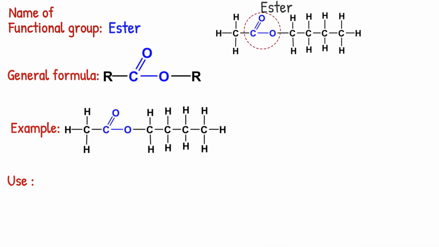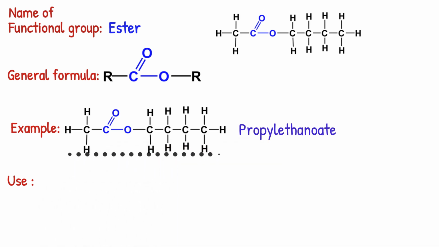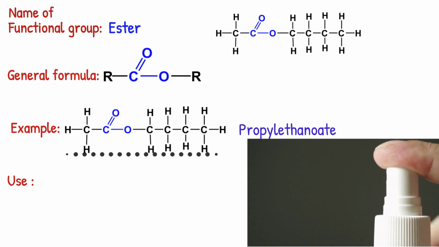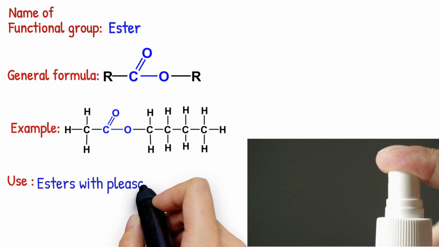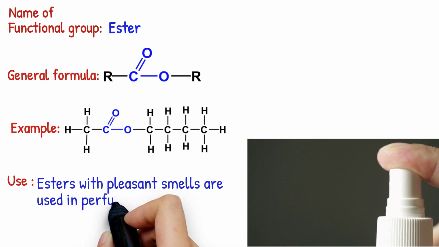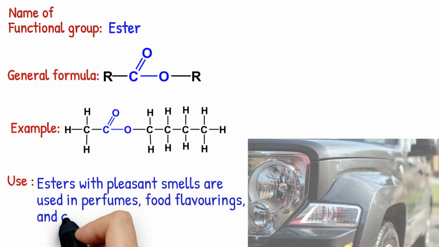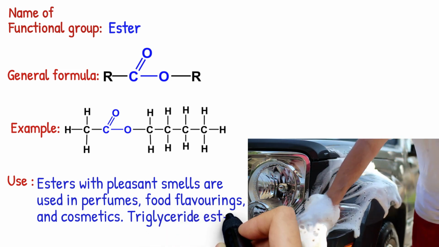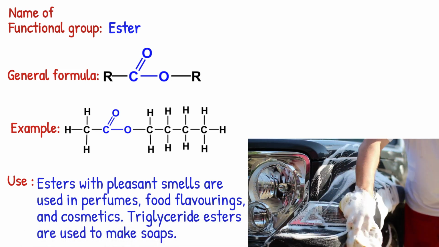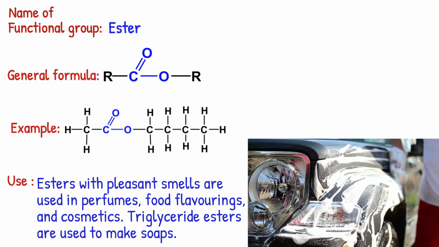Example of ester: propyl ethanoate. The chemical formula of propyl ethanoate is this one. The uses of esters. Esters with pleasant smells are commonly used in perfumes, essential oils, food flavorings, and cosmetics. The large molecules of ester called triglycerides are used to make soaps.